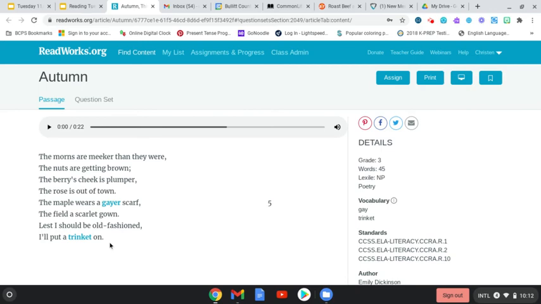The author is talking about how autumn is making all of these parts of the earth so beautiful and so interesting to look at. And so this speaker is saying, well, I should put on a trinket or a piece of jewelry or an ornament or a decoration of some kind, or I will be the one out of fashion. So definitely comparing themselves to the autumn.